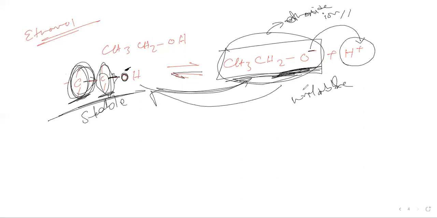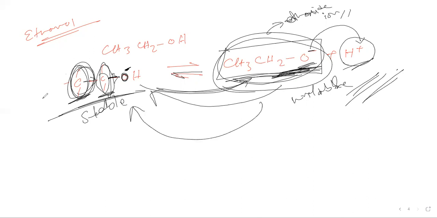Due to the presence of these alkyl groups, the ethyl group, which are electron donating groups, it tends to pull the H+ ion towards itself and combine with it. This O minus tends to combine with the H plus in this ethoxide ion. Hence, no hydrogen ions are produced here because ethanol is stable by itself. That's why ethanol is neutral.